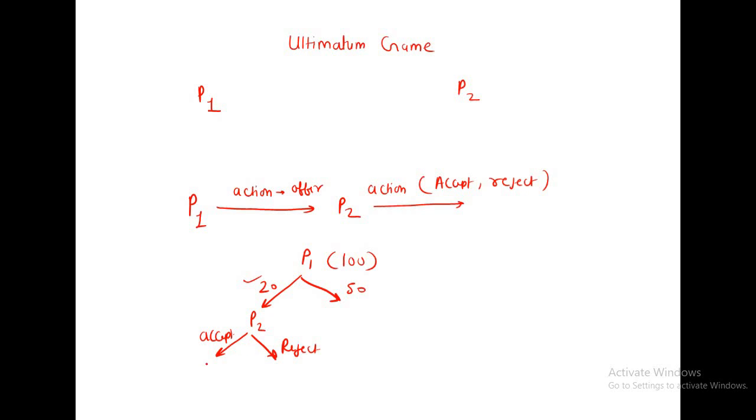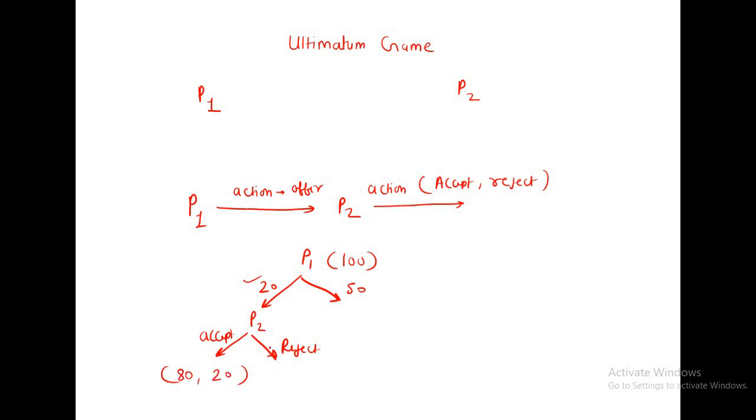This will be the payoff for player 2 and the remaining amount will be of player 1. So here the first value is the payoff of player 1. Here P2 is accepting the offer, so player 1 will get the remaining, that is 80, and 20 will be of P2.